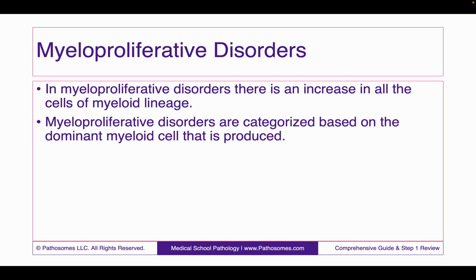In myeloproliferative disorders, there is an increase in all the cells of the myeloid lineage. Myeloproliferative disorders are characterized based on the dominant myeloid cell that is produced.